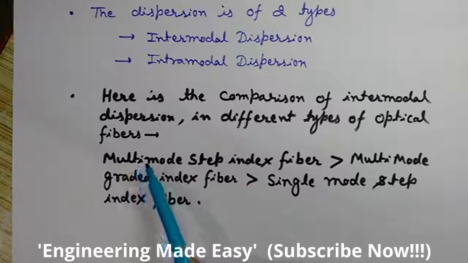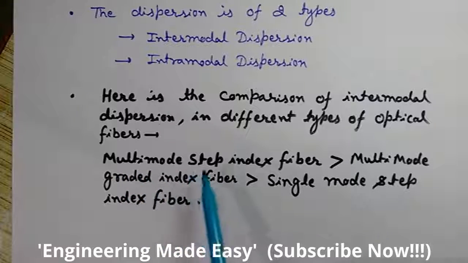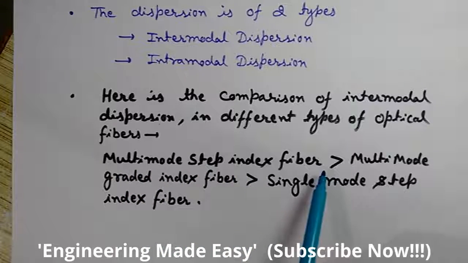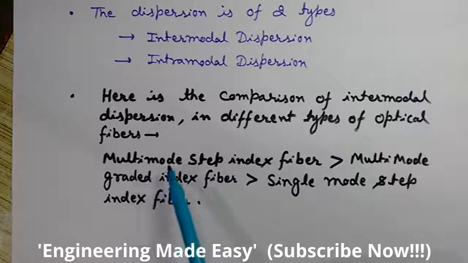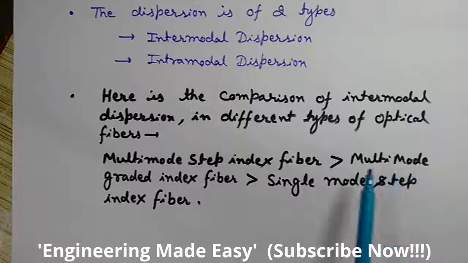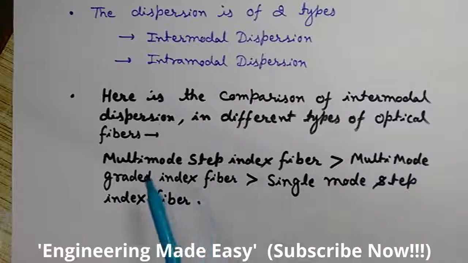The intermodal dispersion is maximum in case of multimode step index fibers. Step index fibers which support various modes are called multimode step index fibers. Then it is lesser in case of multimode graded index fibers, and still lesser than this in single mode step index fibers.